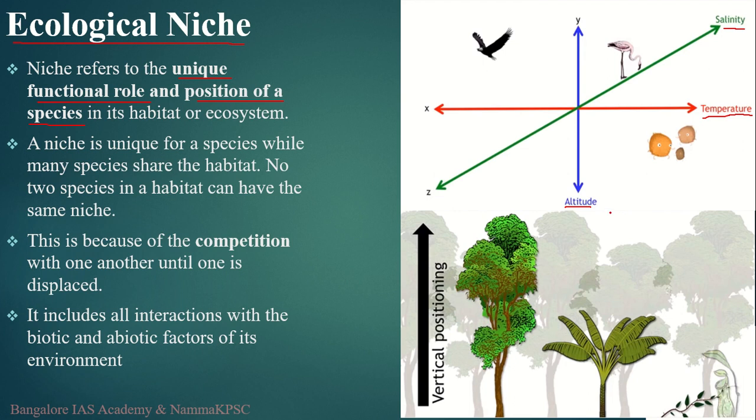So what will happen is that some organisms may try to adapt to a unique range of temperature. So this adaptation to a unique range of temperature, that particular habitat for that particular organism, becomes its own niche.